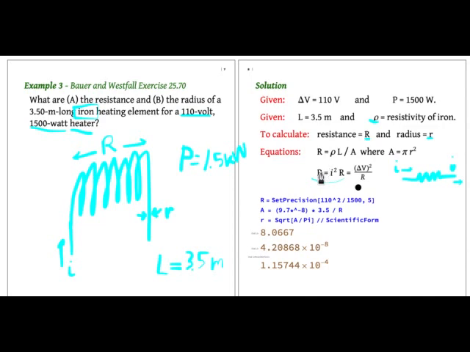The energy dissipated in a resistance carrying current I is I squared R. Or you could rewrite that as delta V squared divided by R, because I times R is delta V. So I squared times R is delta V squared divided by R.